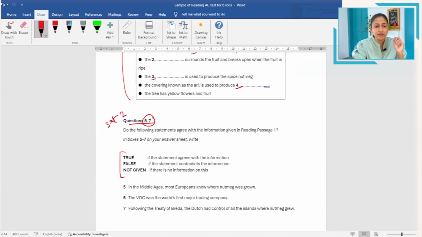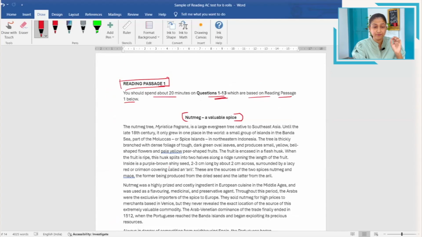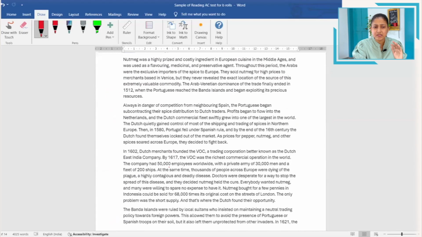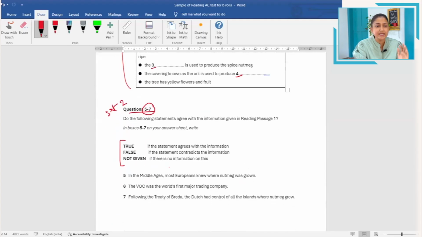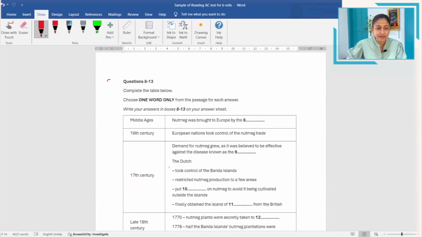But if you remember, the instructions at the beginning of the passage said you have to solve questions 1 to 13. That means this passage has more sets of questions. We have seen set 1, we have seen set 2. Now we have set 3, which has questions 8 to 13.